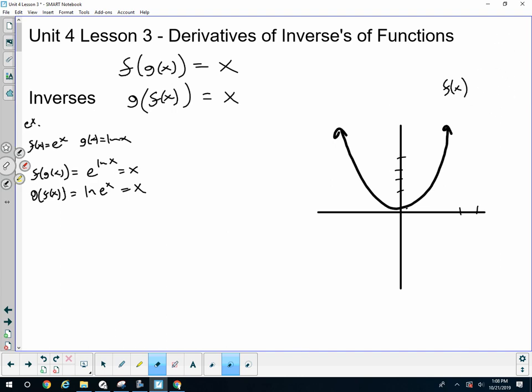Let's erase that x squared. Let's just pretend this is just some function f of x. And let's say this function's got the point a, b somewhere. Okay? So f of a is equal to b. Or f's got the point a, b.